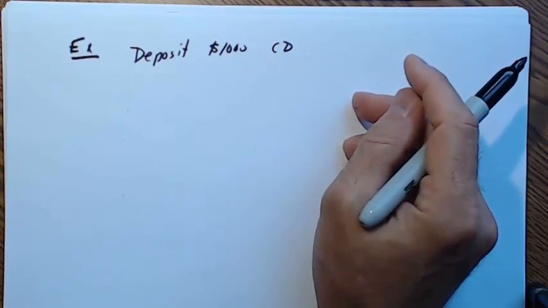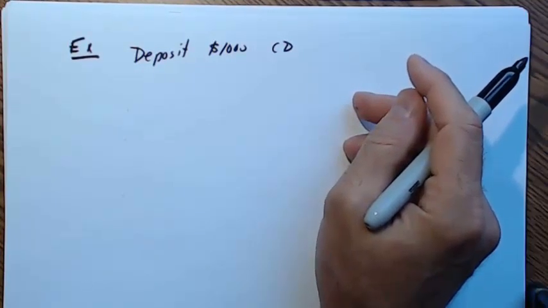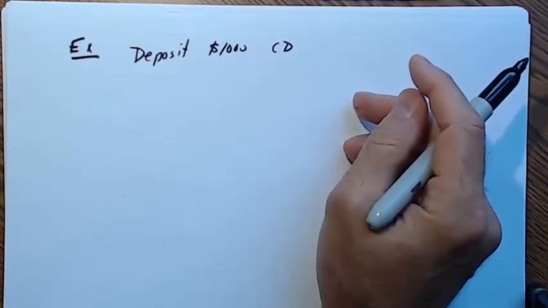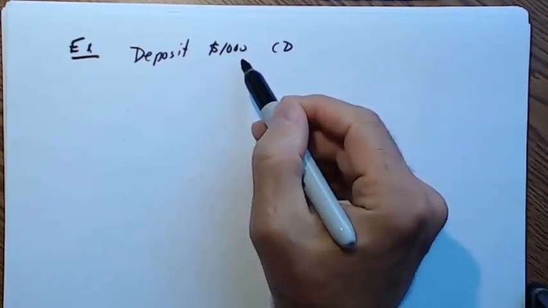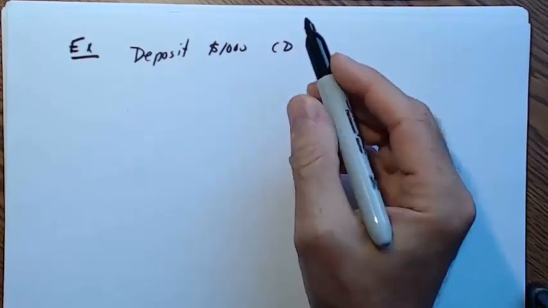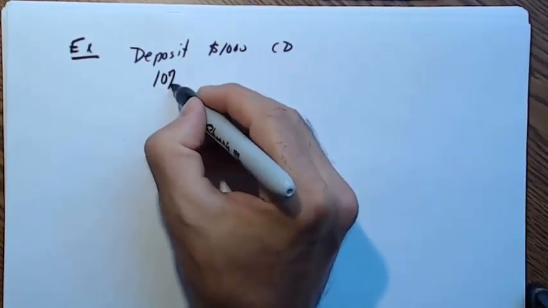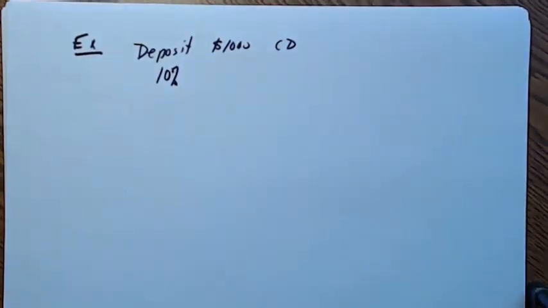A CD is basically you're opening up an account with a bank or a savings and loan or a credit union, and you plop the $1,000 in there. It has an associated interest rate. In this case, let's say the interest rate is 10%. I use a pretty high interest rate only so you can see visually the magnitude of the interest compounding. In today's world, CD rates are much lower than that.